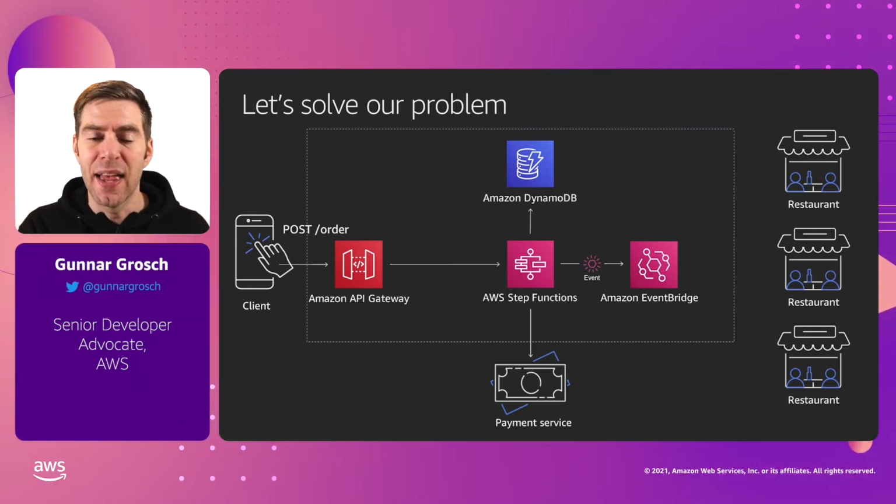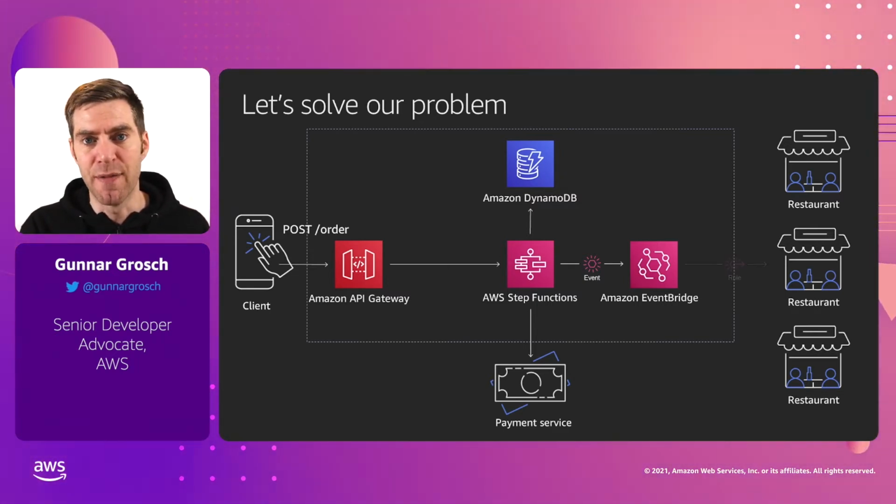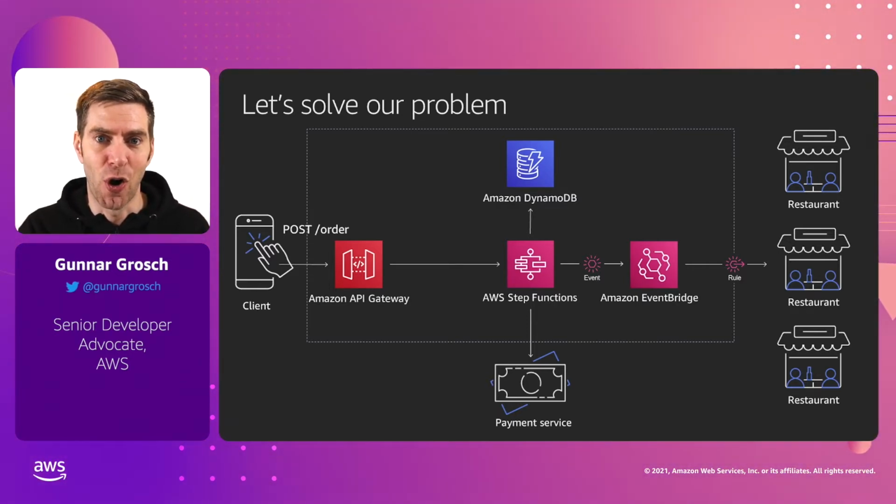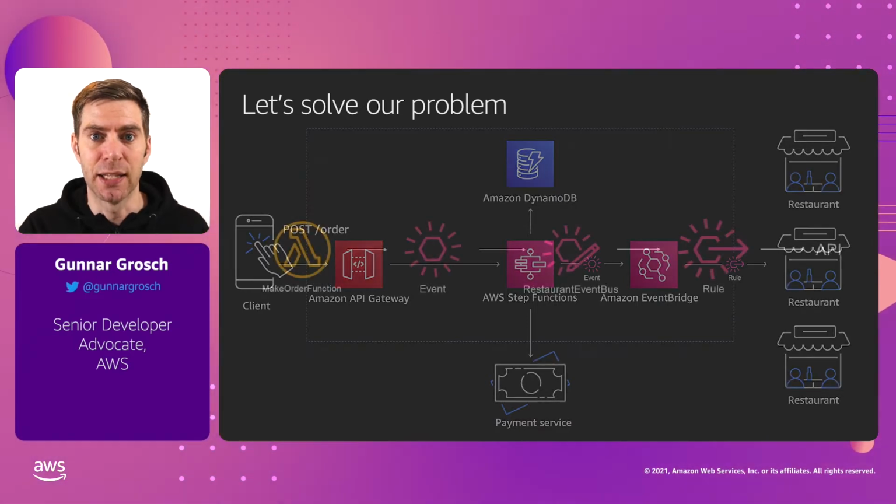Now instead, that is creating an event and putting that into our event bus. We then set up a rule to filter on these events that are created, so we're able to match those with the target, and the target being a restaurant with an API endpoint.